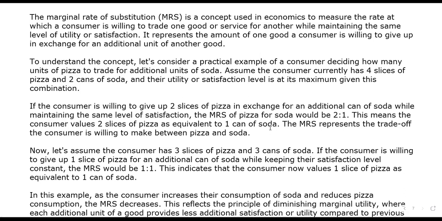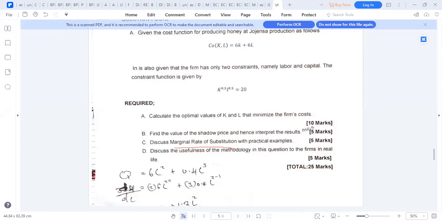So this indicates that the consumer now values 1 slice of pizza the same as 1 can of soda. So use what is easy for you, maybe 3 to 3, so that you don't get confused. So this is how I could explain that. Is that clear? All right.